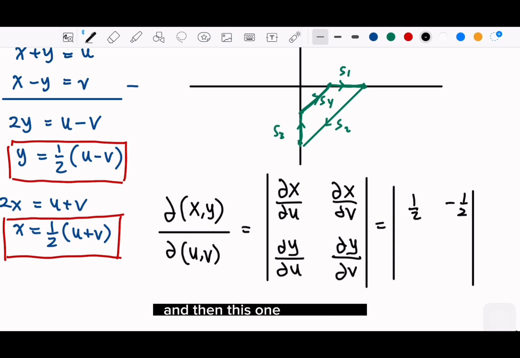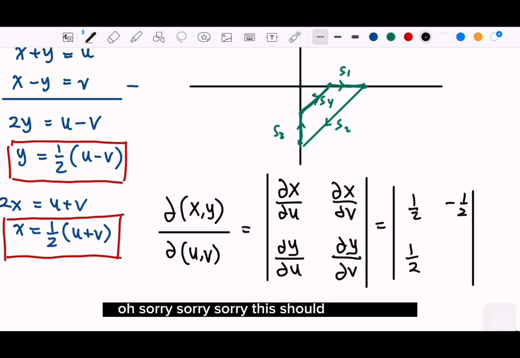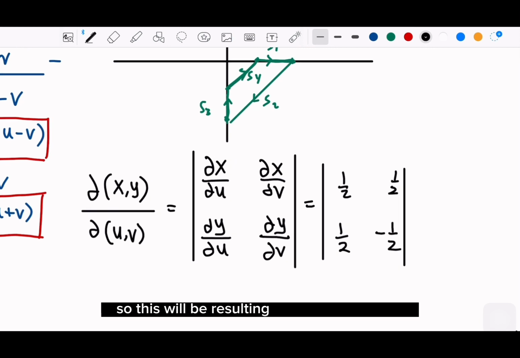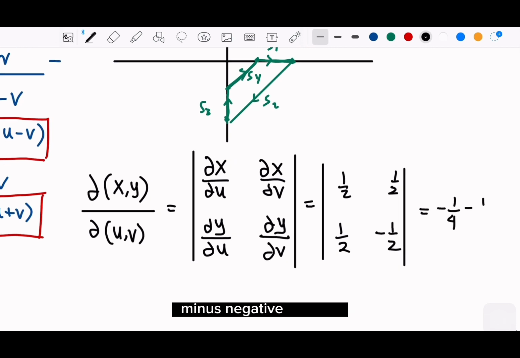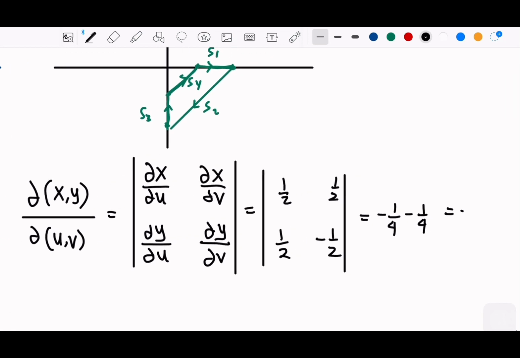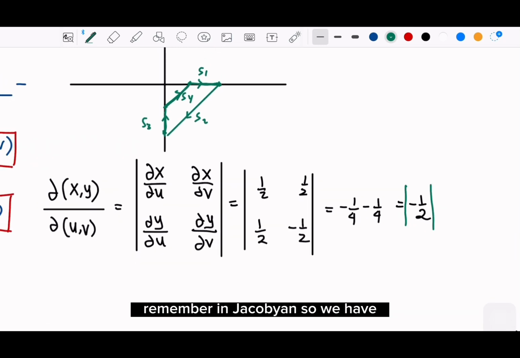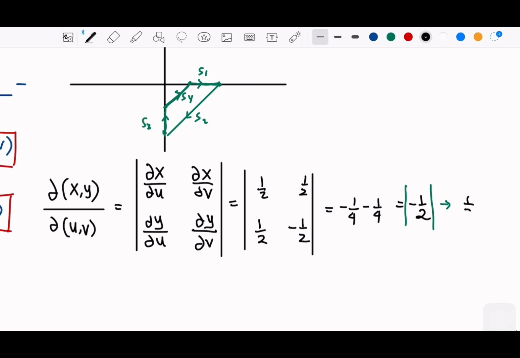And then this one will be half. Oh, sorry. This should be positive. The negative one is here. I'm switching the xy. Sorry. So this results in negative 1 over 4 minus positive 1 over 4, which is negative half. But this is going to be inside the absolute value, remember, in the Jacobian. So we have half.